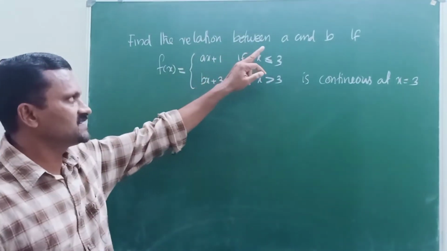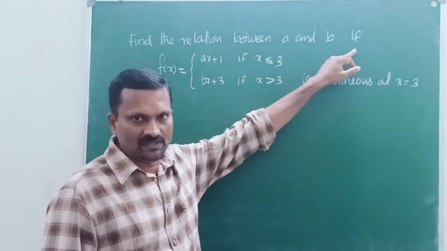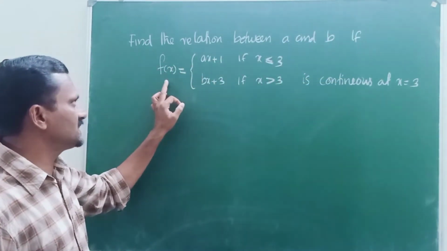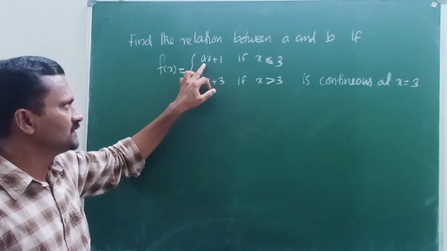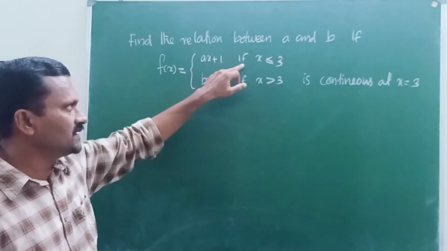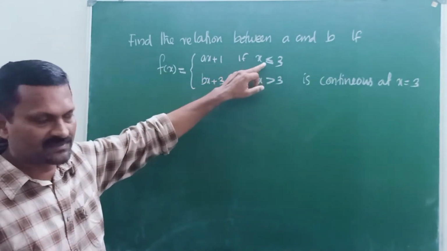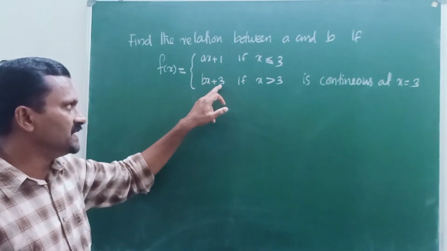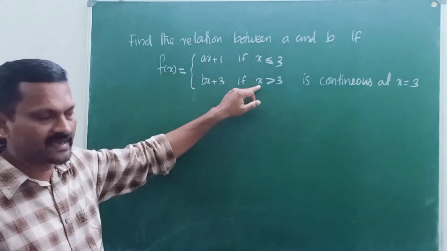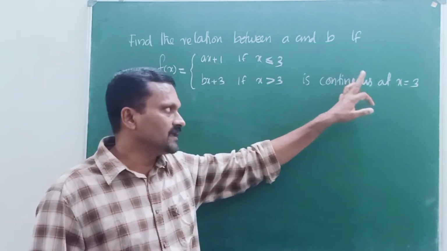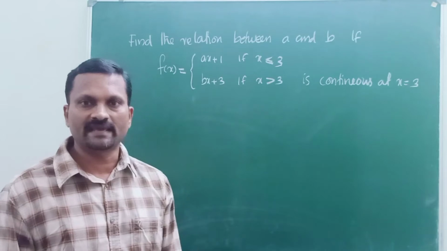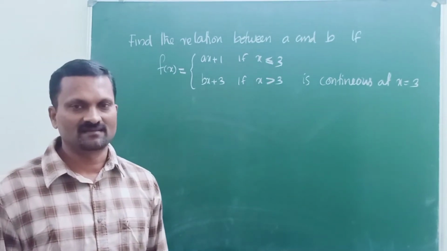Find the relation between a and b, if the function f of x is equal to ax plus 1 if x less than or equal to 3, and bx plus 3 if x greater than 3, is continuous at x equal to 3.